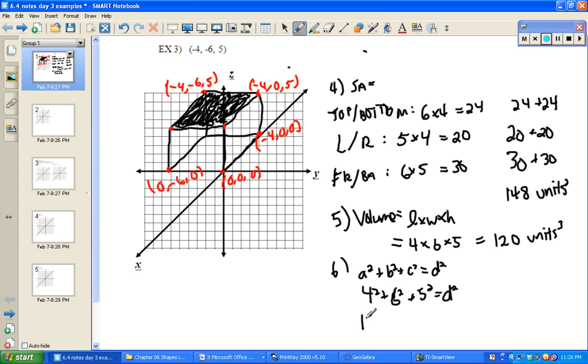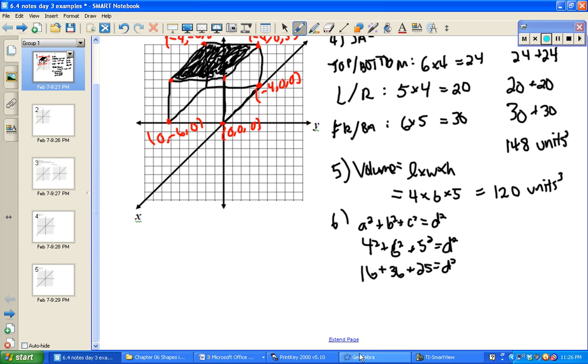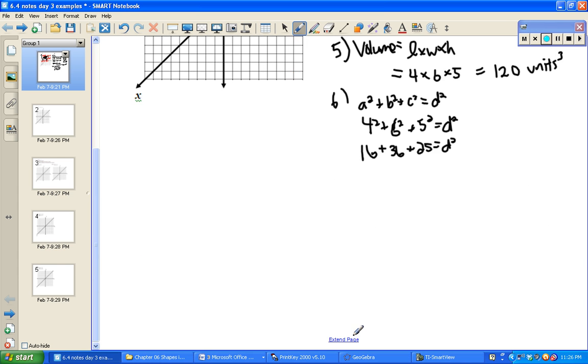So 4 squared is 16, 6 squared is 36, and 5 squared is 25. So 16 plus 36, that's 52, plus 25 is 77.